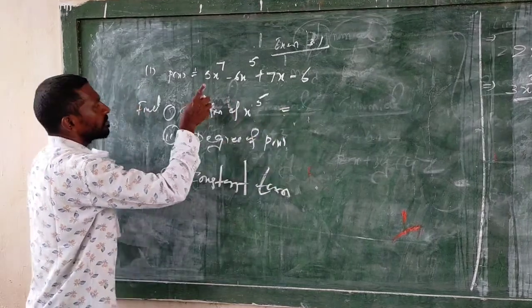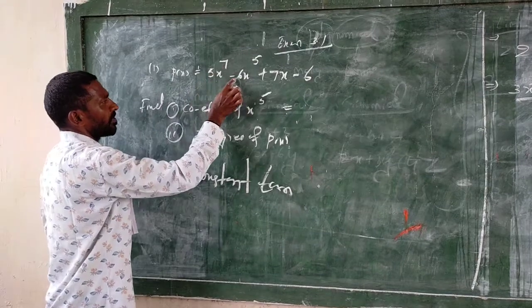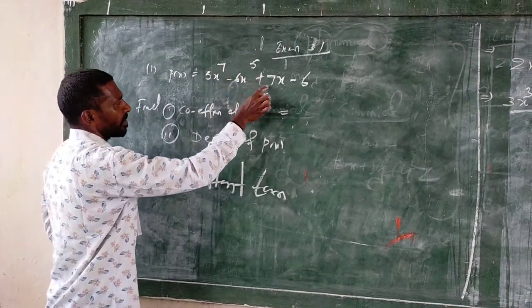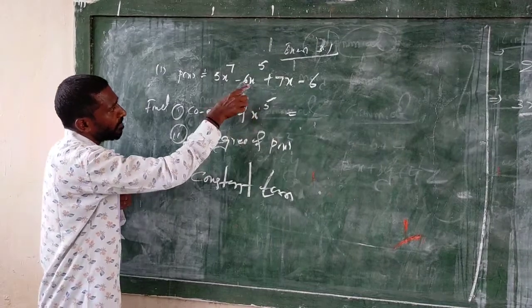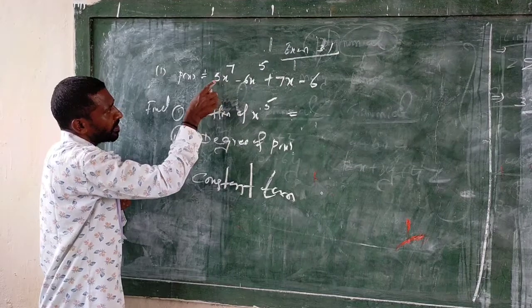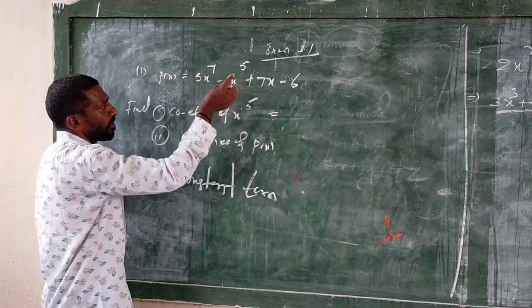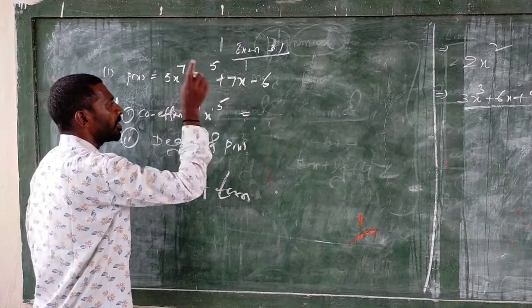So p of x is the polynomial 5x to the power of 7 minus 6x to the power of 5 plus 7x minus 6. The coefficient of x to the power of 5: for x to the power of 7 the coefficient term is 5, for x to the power of 5 the coefficient term is minus 6, for x the coefficient term is 7, and then the constant term.